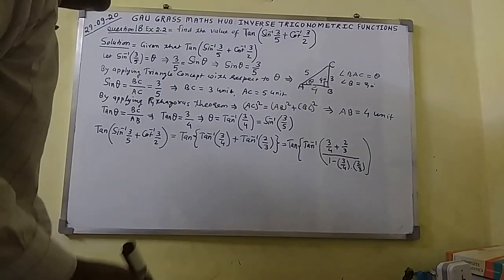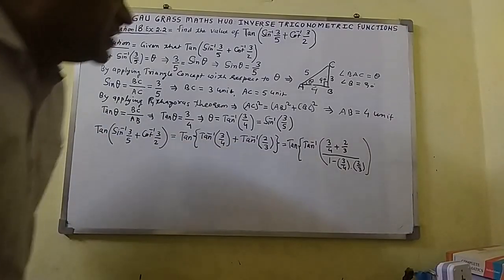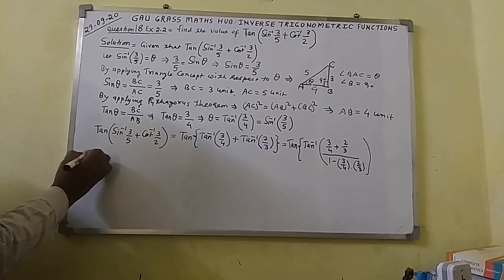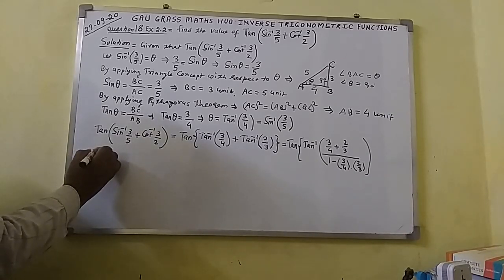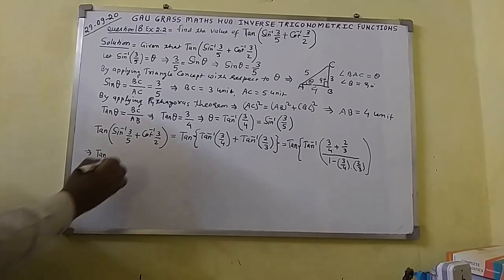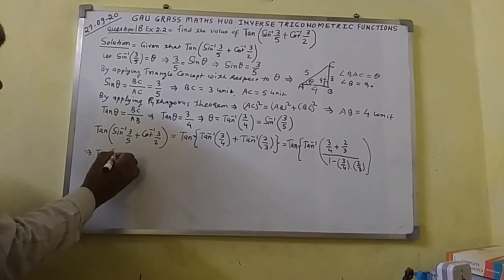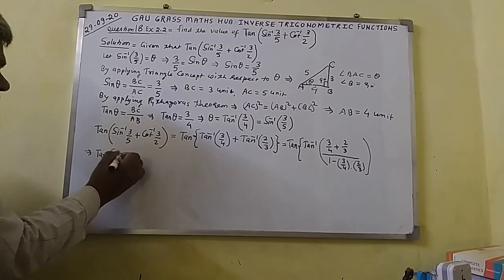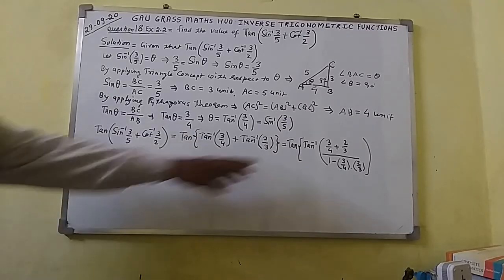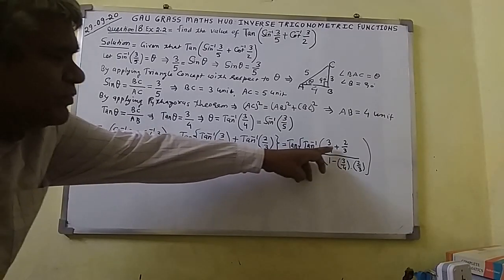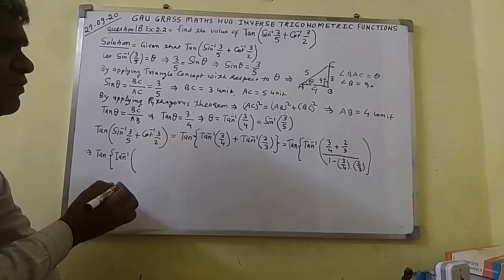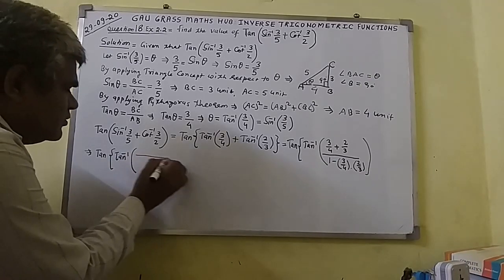So this you have to solve. Here I shall write, implies that tan, open curly bracket, tan inverse in bracket, you can see 3 over 4 plus 2 over 3 comes out to take the LCM of 4 and 3, you will get 12.